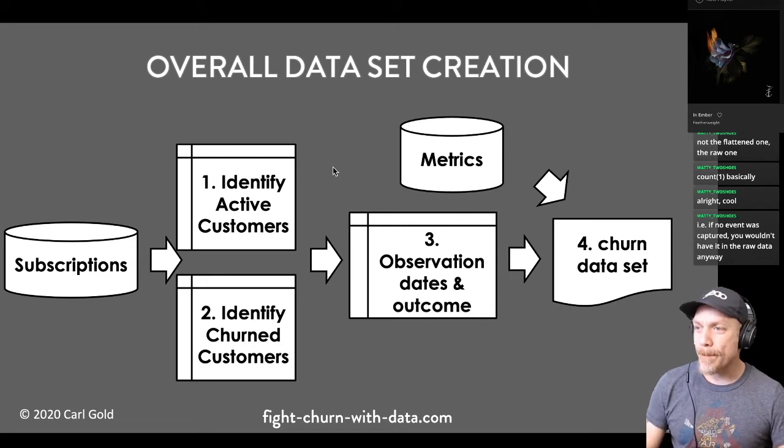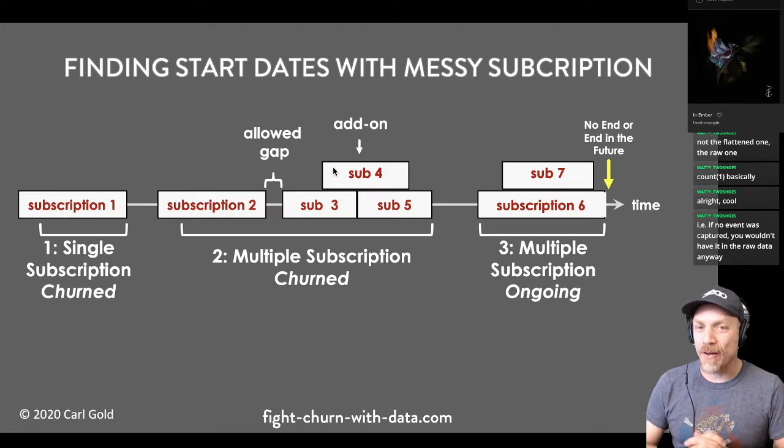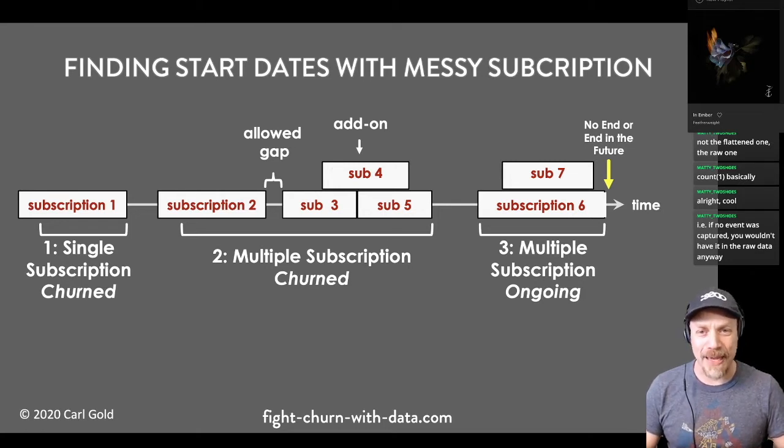So let's see. The first part of the dataset creation is finding start dates with messy subscriptions. I talk a lot in the book about messy subscriptions because it's the reality that I've had to deal with. By messy subscriptions, I mean subscription databases where you can have multiple subscriptions per customer and you can have gaps in the subscriptions.